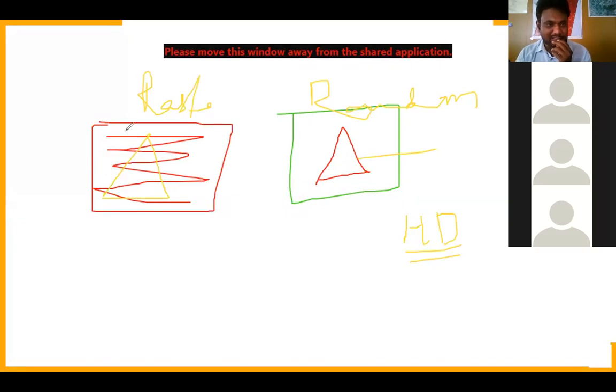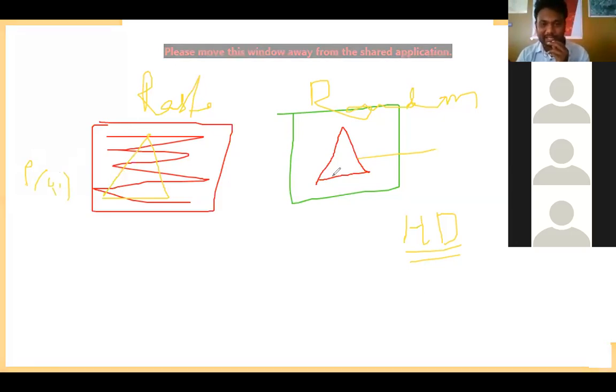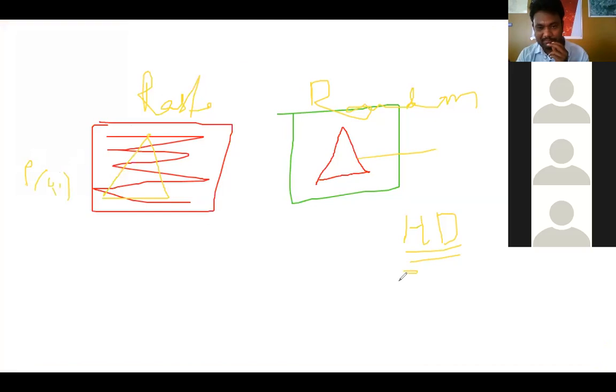Second, to draw this, it has to create these many lines, and it will have the frame buffer. In that, it will store 0 or 1. Where we want the glow, it will give the data as 1. Otherwise, it will give the data as 0. By creating in the random scan display, images are very easy.